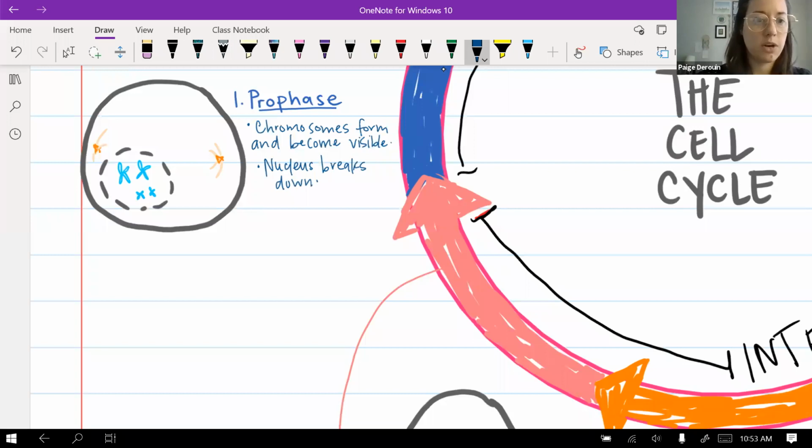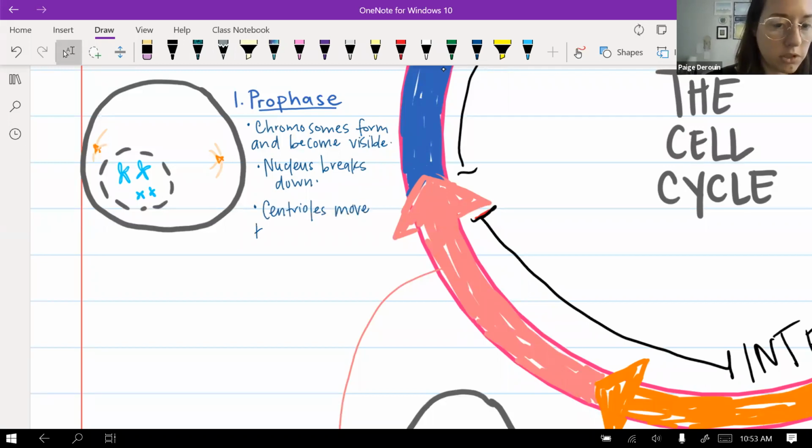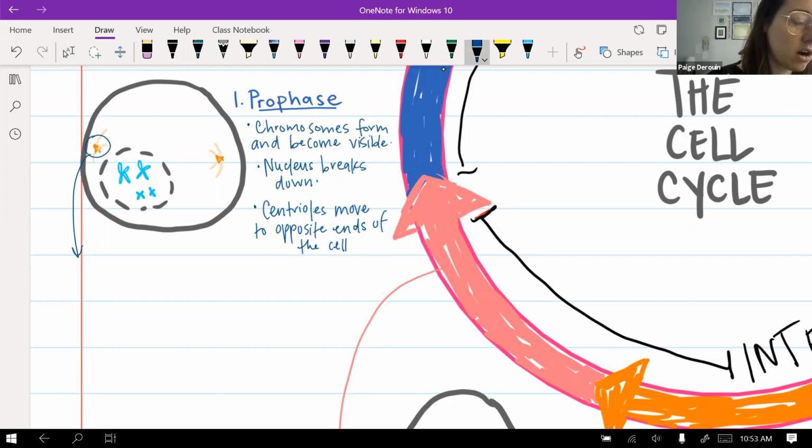And then also a new organelle that we haven't talked about before called centrioles move to opposite ends of the cell. These orange star-like things are called centrioles.